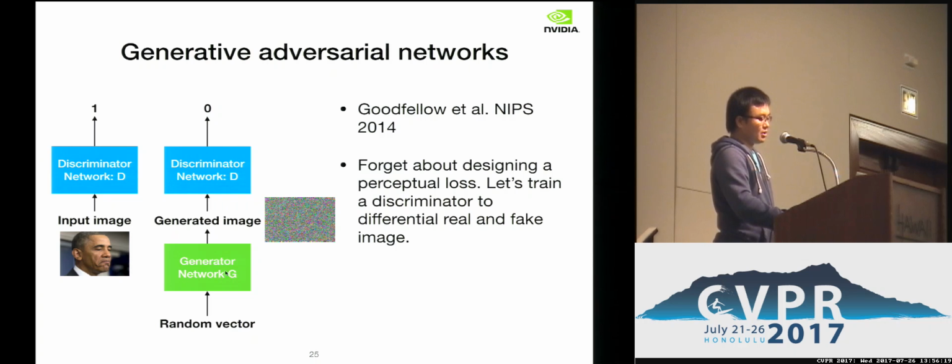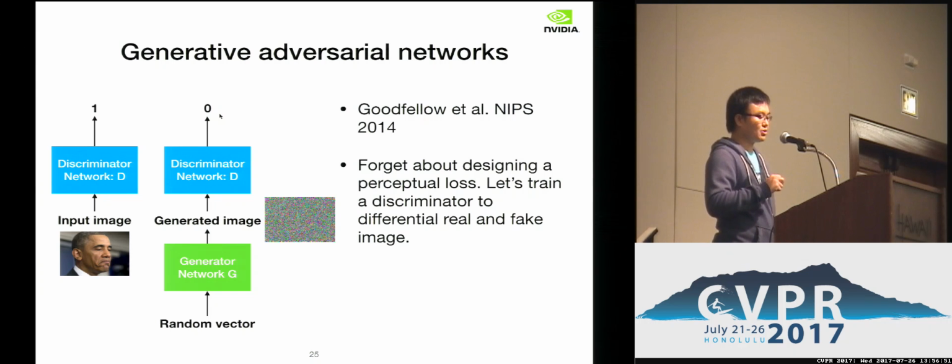And for a sample that is generated by mapping a random vector to a synthetic image, the discriminator wants to say it is a fake image, so it outputs 0. So in this framework, determining whether generated content is like a real image or not, the burden is shifted to the discriminator.